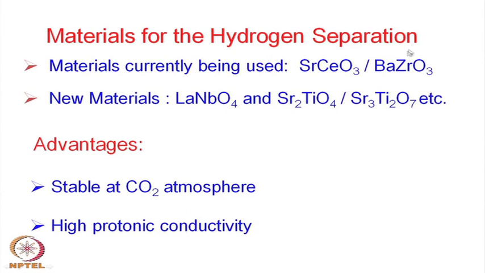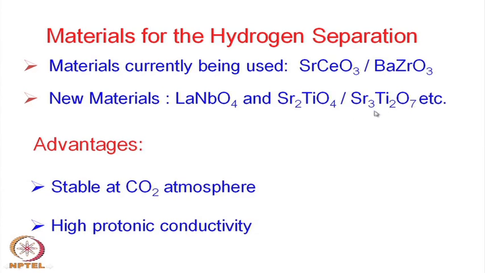Materials for the hydrogen separation are like this: strontium cerate, once again a perovskite compound having proton conductivity. What is called the hydrogen separation is basically a proton conductor, hydrogen ion conductor, whereas that was oxygen ion conductor. Barium zirconate is another compound, and few of the other relatively new materials which have been researched on are lanthanum niobate, strontium titanate and strontium titanium oxide.